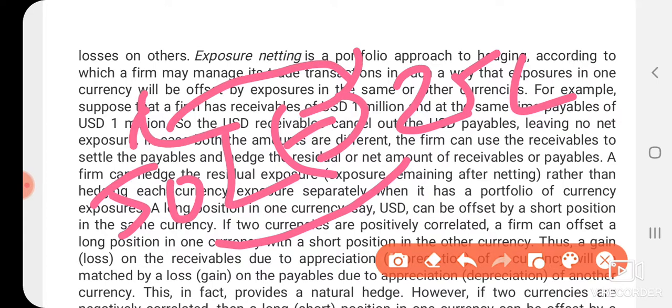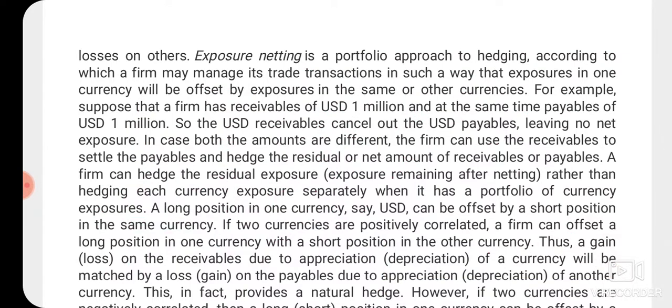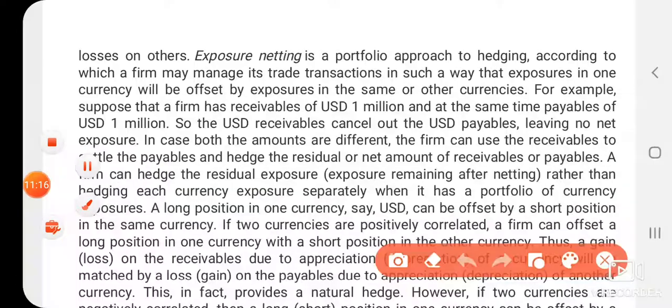Why? Because our receivables are very high compared to the payables. In such situations, we can automatically settle the payables, because our currency value is very high. After settling, they use the amounts to settle the payables and minimize the residual or net amount of receivables or payables.